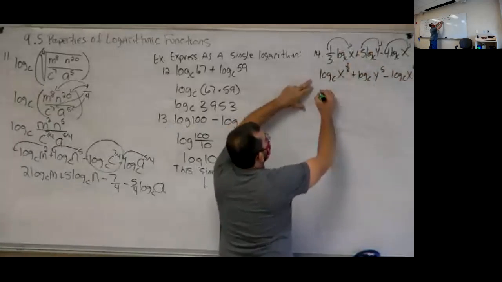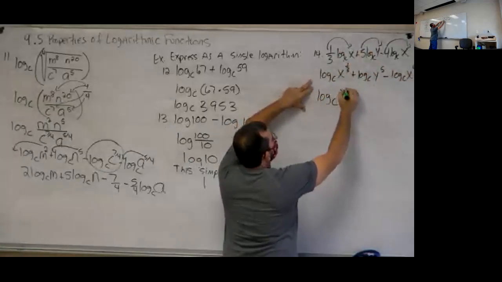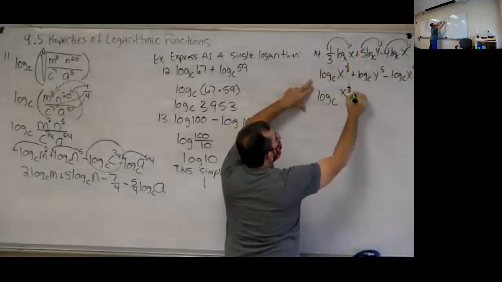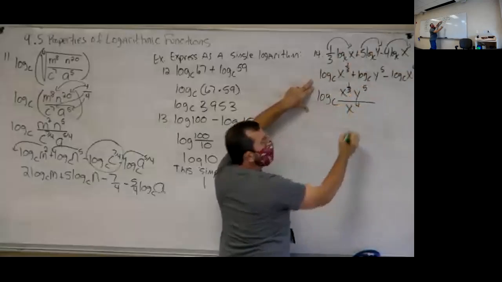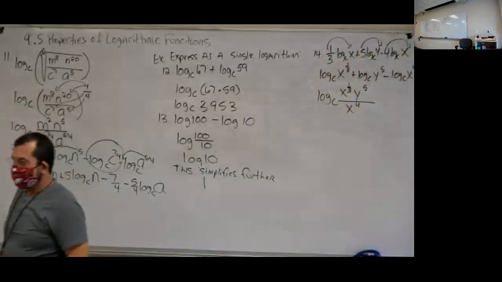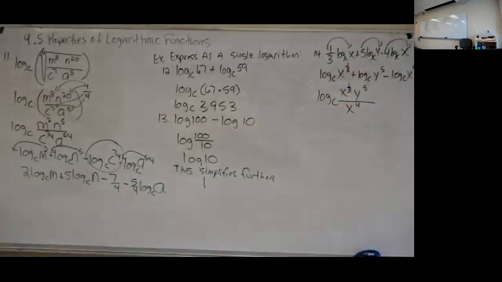Then I'm going to bring out that log base C. On top, I got x to the 1/3, y to the 5th, all over x to the 4th. Remember, if it's positive, they had to come from the top, and if it's negative, they had to come from the bottom.